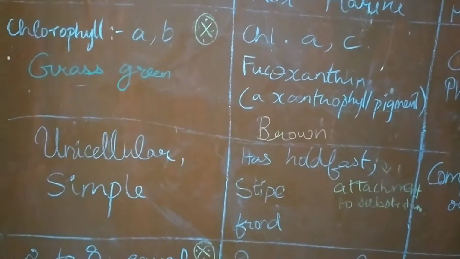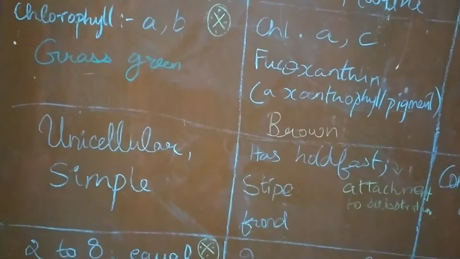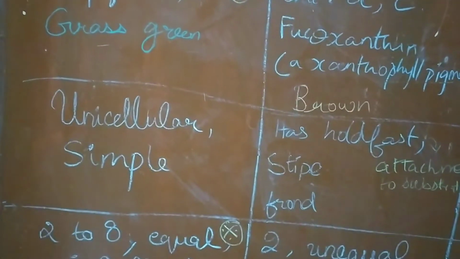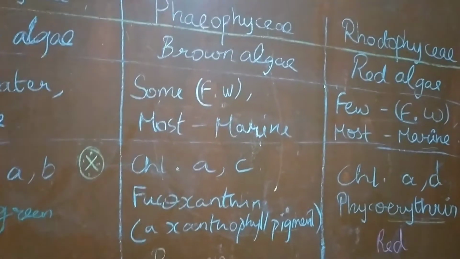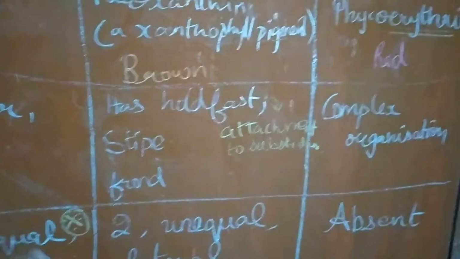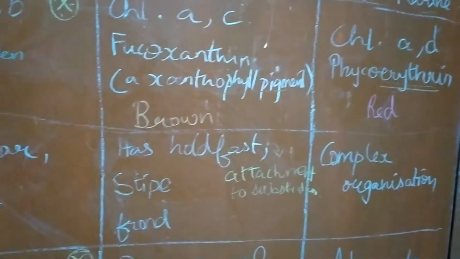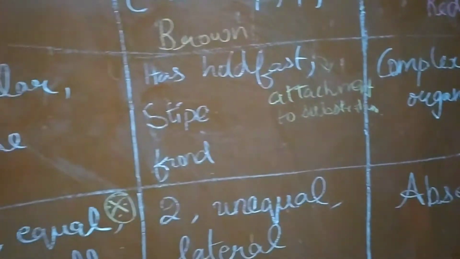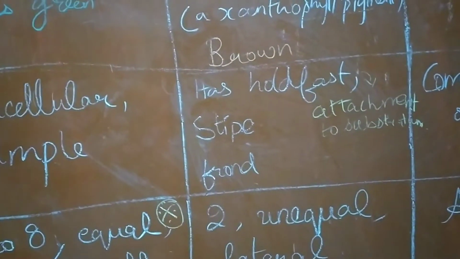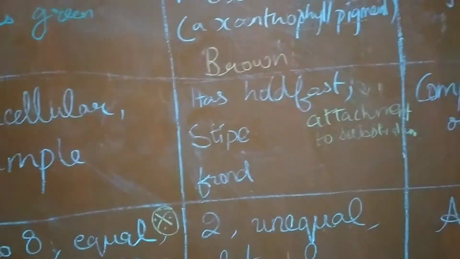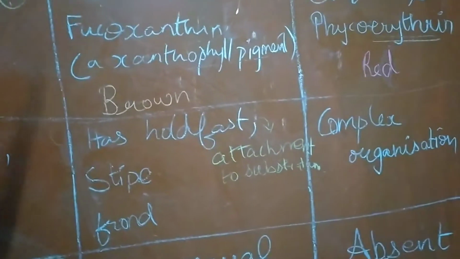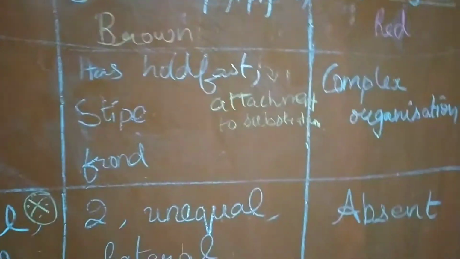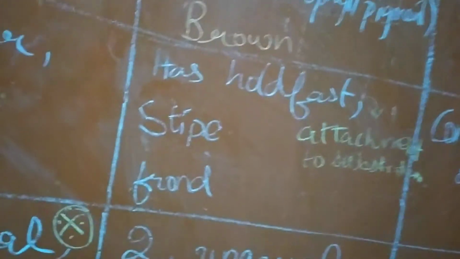Now let's go into the body organization. Chlorophyceae is unicellular and simple, whereas in Phaeophyceae you would have holdfast, stipe and frond. So what are these holdfast, stipe and frond? Let's see. Holdfast is used for attachment to the substratum, and stipe is nothing but a stalk, and the frond is the photosynthetic organ of the algae. Okay, so now let's write it.